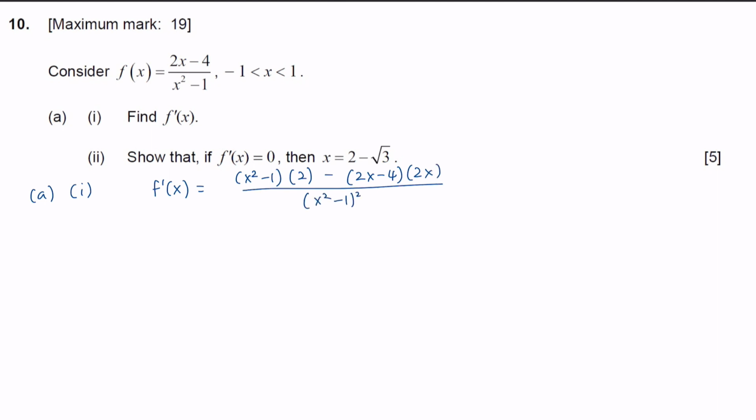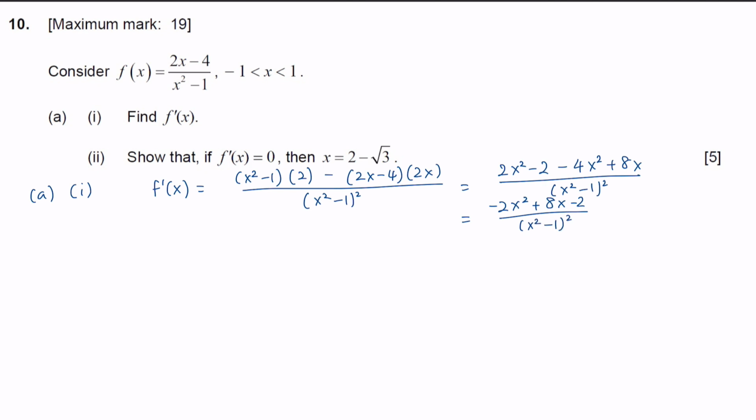So that gives me 2x squared minus 2 minus 4x squared plus 8x, divided by x squared minus 1 squared. This is really the answer, but let me simplify a bit more so that it's not so complicated.